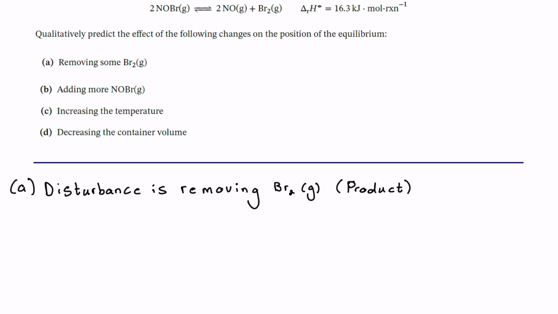And this of course has the effect that the system will respond by wanting to produce Br2 again, right?